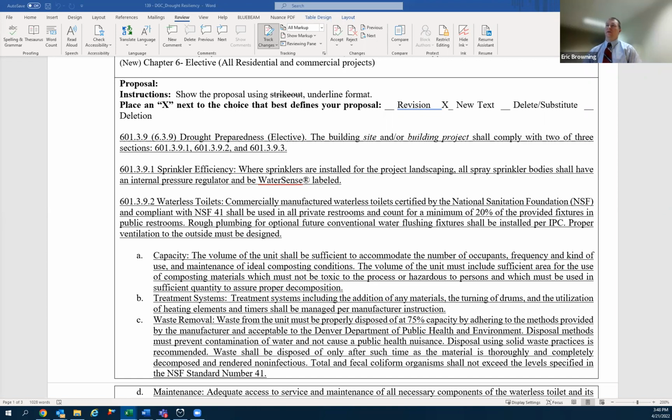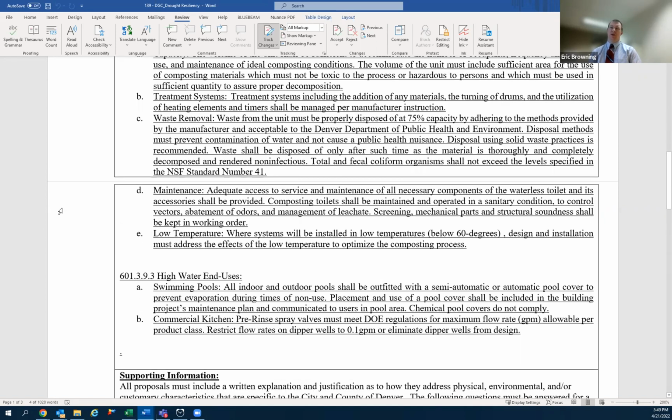With respect to compliance, if compliance is required in accordance with 2 of the 3 sections, and those sections are indicated as 601-391, 601-392, and 601-393, the high water end uses is only going to apply to a small fraction of those developments, which forces compliance into only 601-391 and 601-392.